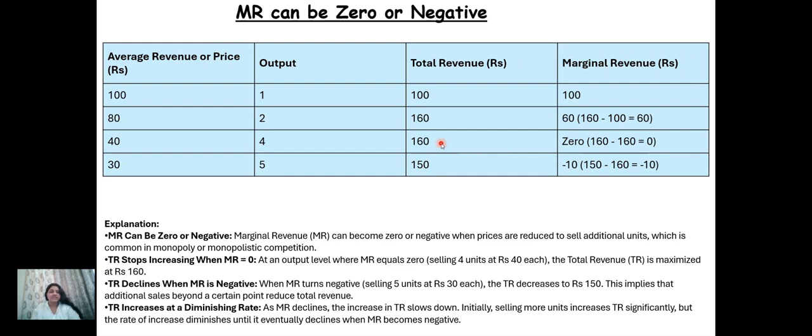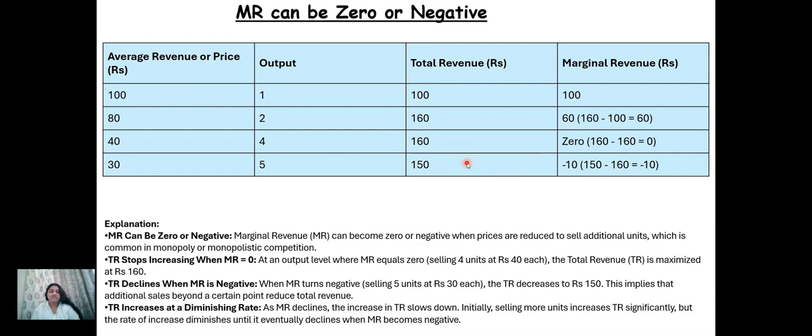Total revenue is as it is. When the output is 2, total revenue is 160, and when the output is 4, total revenue is the same, 160. And when MR is negative, minus 10, total revenue is 150.